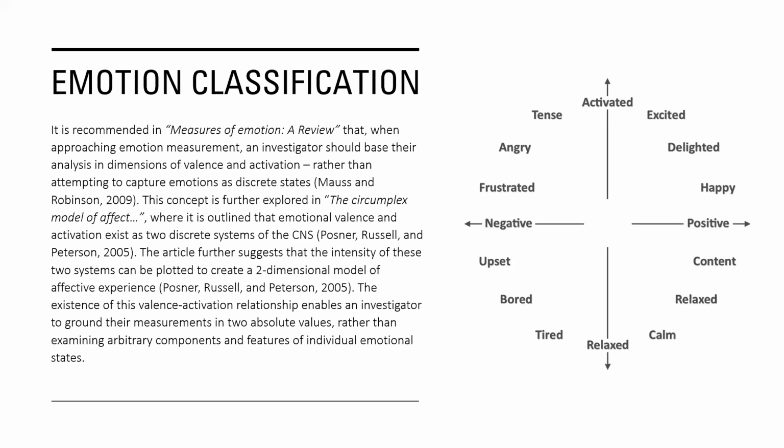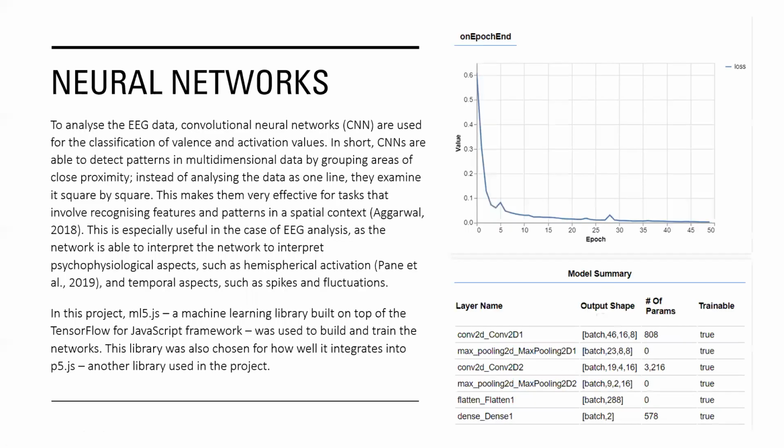So to extract the emotion information in the EEG data, I used convolutional networks. Convolutional neurons are really useful in this because they're able to detect patterns in multi-dimensional data, grouping areas of close proximity. So instead of analyzing the data as one line, like a standard neural net, they examine it by square.